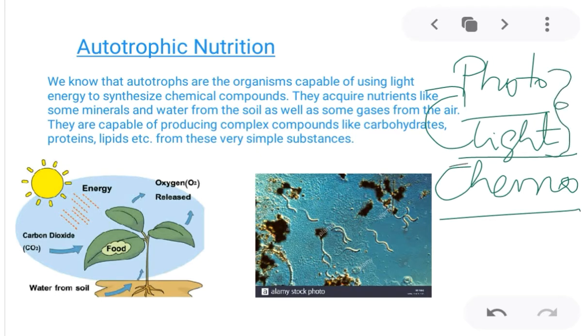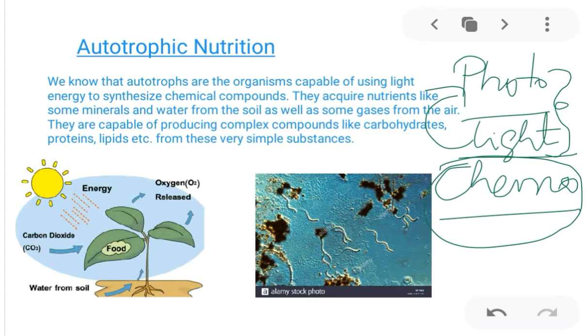Coming to what is the chemotrophic mode of nutrition. Chemotrophic is nothing but organisms which can utilize chemicals to prepare their food. Why have I given this introduction? Some of these concepts are discussed in your class 10th biology.